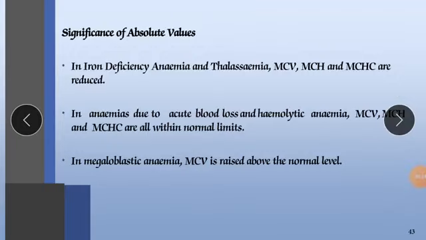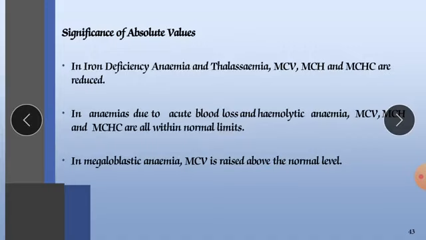Significance of absolute values. In iron deficiency anemia and thalassemia, MCV is nothing but the mean corpuscular volume, MCH is the mean corpuscular hemoglobin, and MCHC is the mean corpuscular hemoglobin concentration.